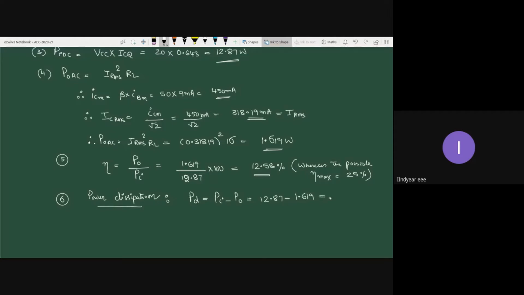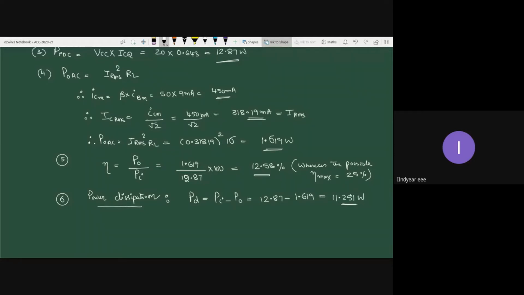Okay, so that is 11.25 watts, which is quite high, right? So most of the power gets wasted in the form of heat in the load resistor itself. Okay, so that's the waste power.